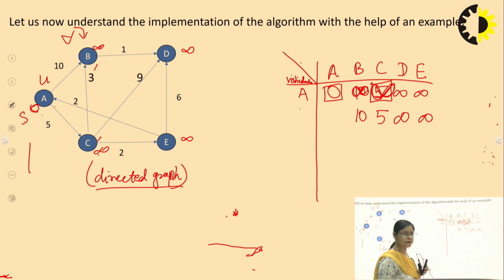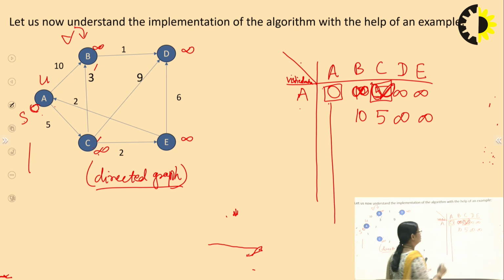Now, this one is the right procedure. Earlier, something went wrong, right? Keep in mind that A I have already visited, so we are not going to visit it again, because 0 is the minimum value.